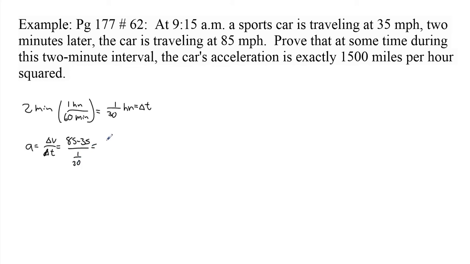And so I get 50 over 1/30th, which would be 50 times 30, which is 1,500 miles per hour squared. Okay, so this thing is the average acceleration.